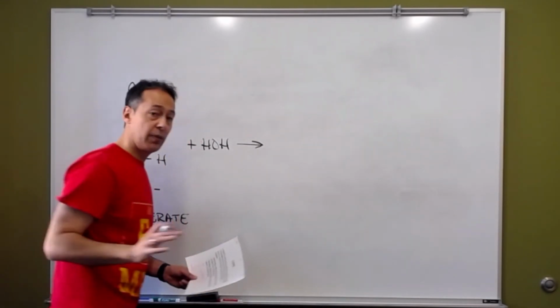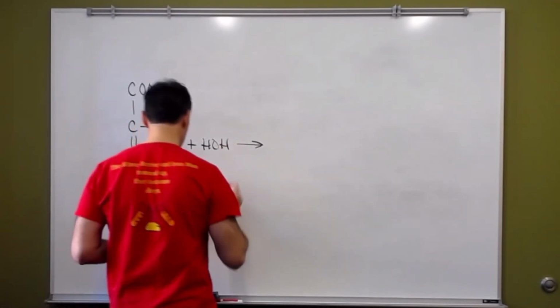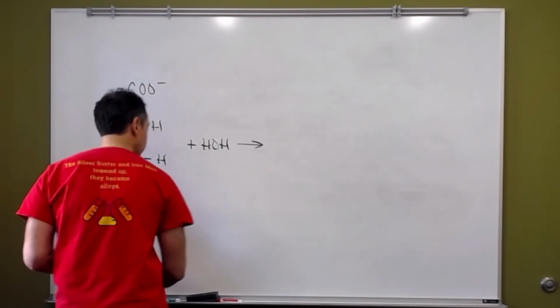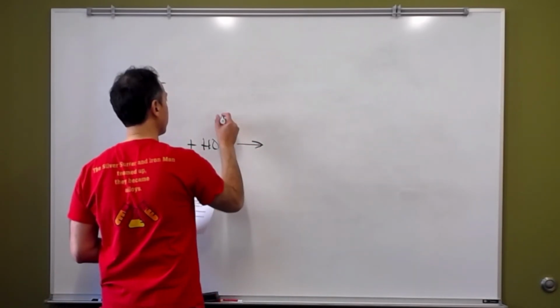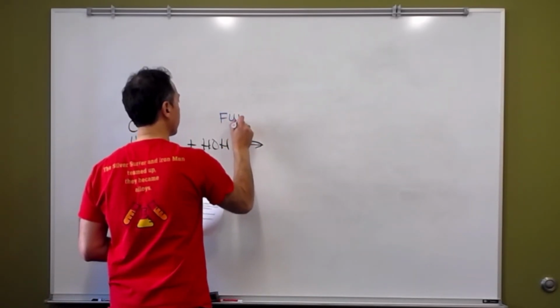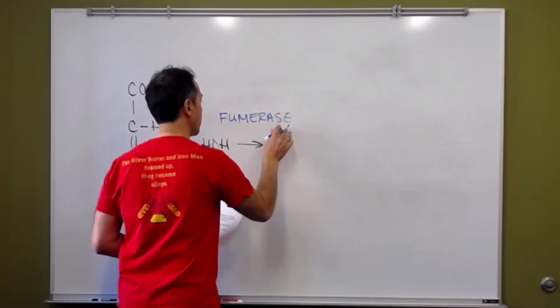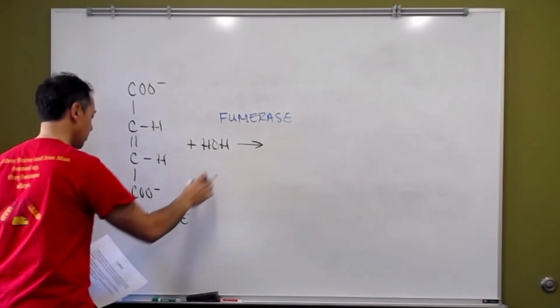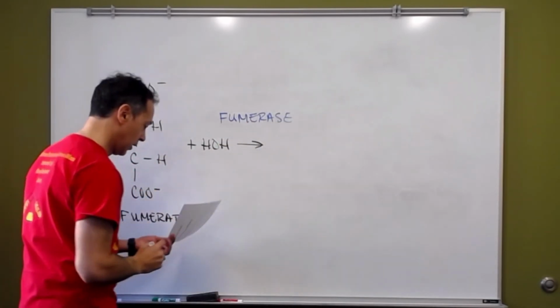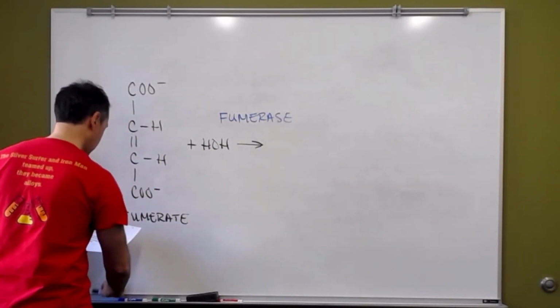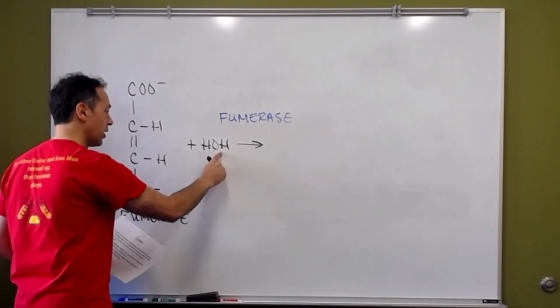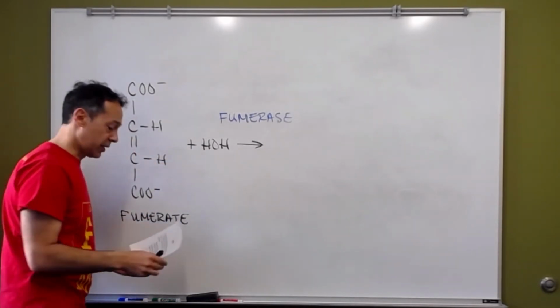And our enzyme here is fumarase. So this is an enzyme that catalyzes fumarate. And as you can imagine here, we're going to take water and use it to break this double bond.